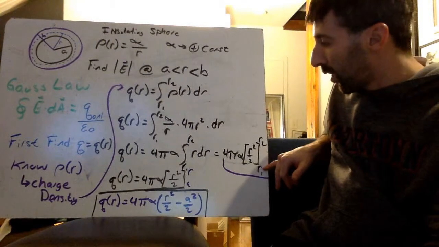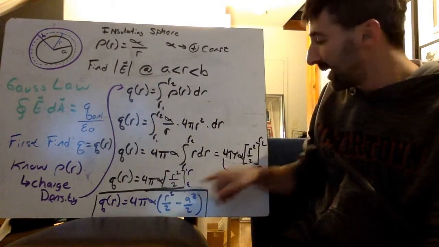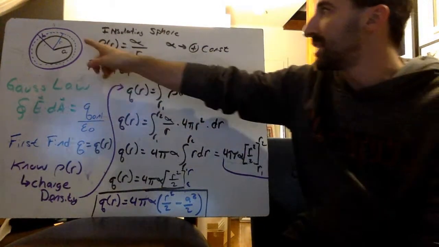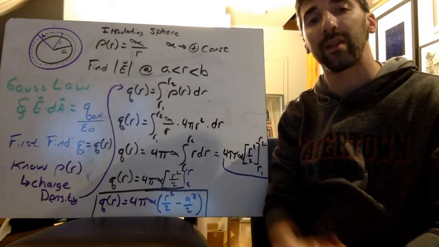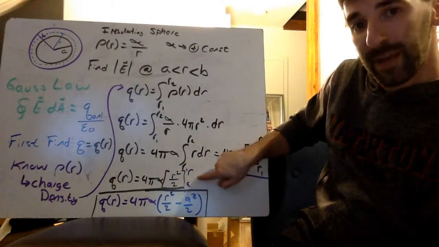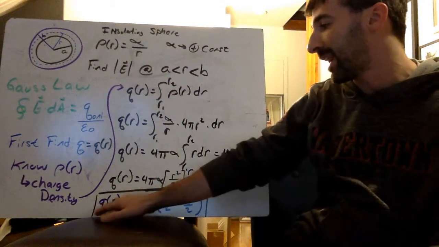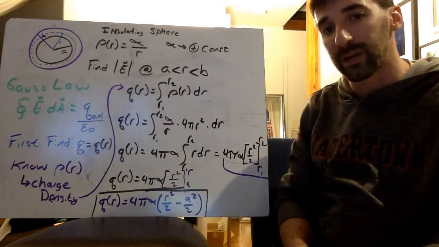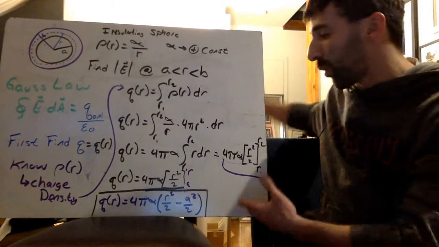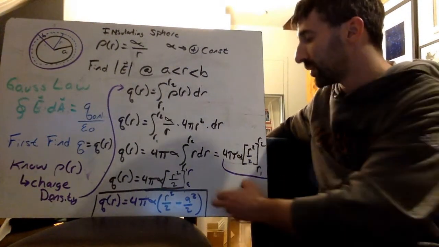So really, r1 is just my a, and r2 is any value r that's less than b. So I can't go from a to b. It has to be from a to r. That's kind of important with my limits of integration. When I sub that in, I now understand that my Q enclosed is given by 4 pi alpha times r squared over 2 minus a squared over 2.